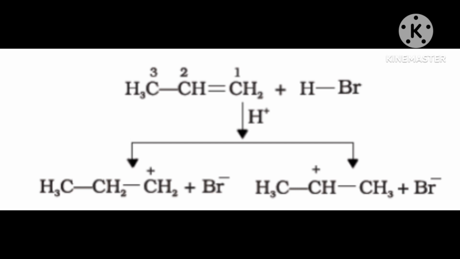Then what will happen? After that, this radical is unstable. Hence C6H5COO forms CO2 and the CO2 goes outside. Because two CO2 went, the remaining is one C6H5 radical.